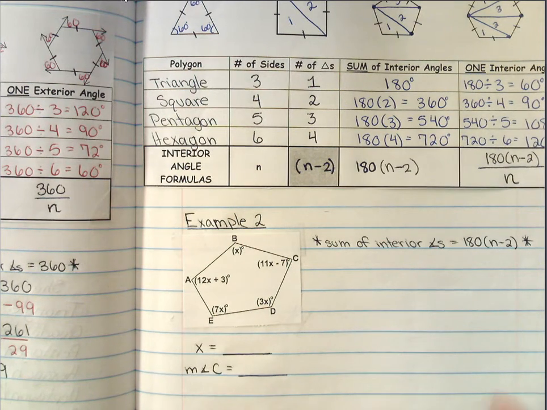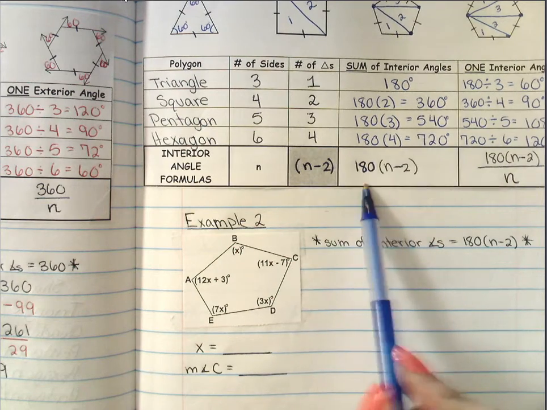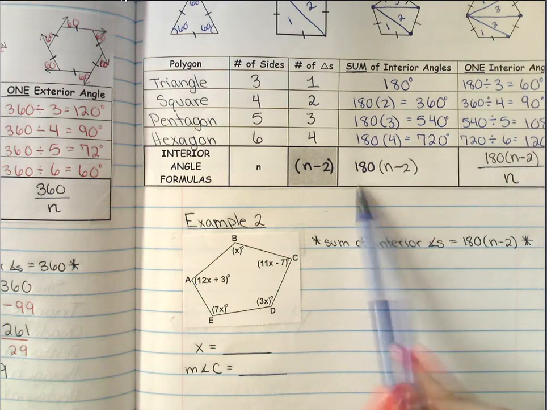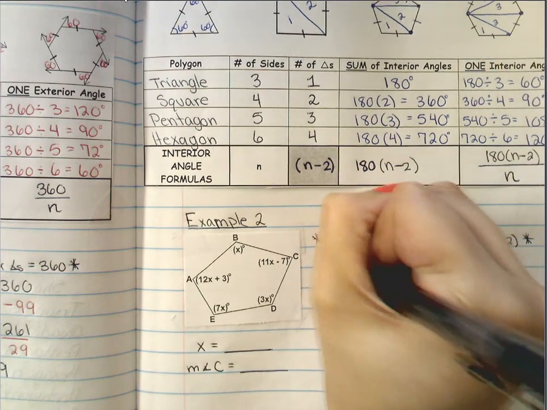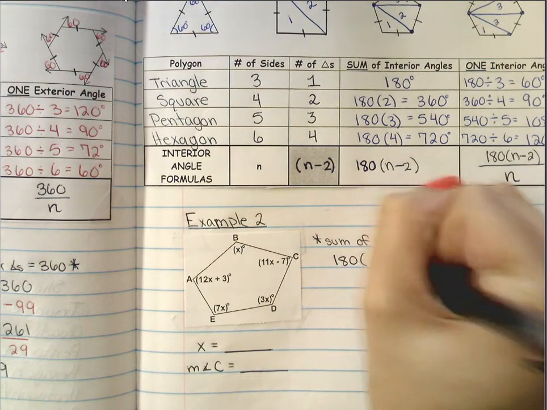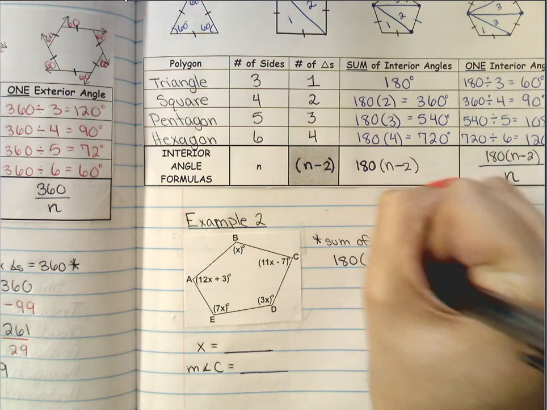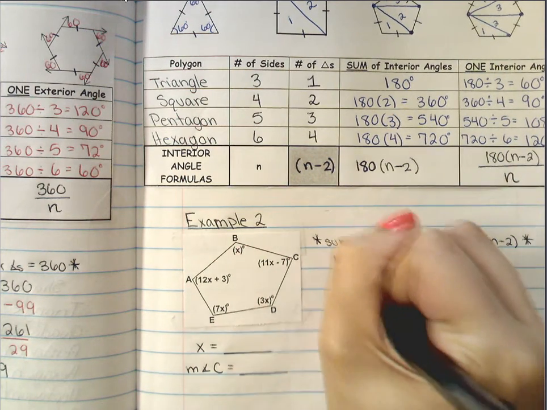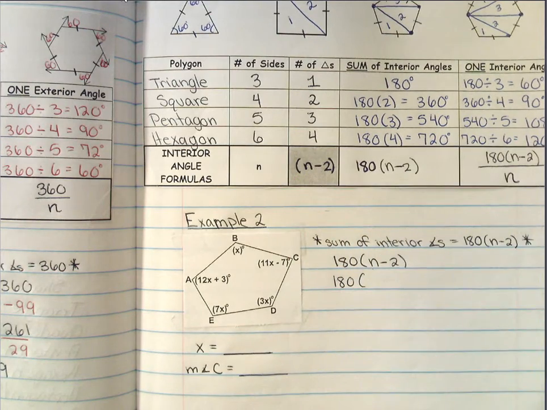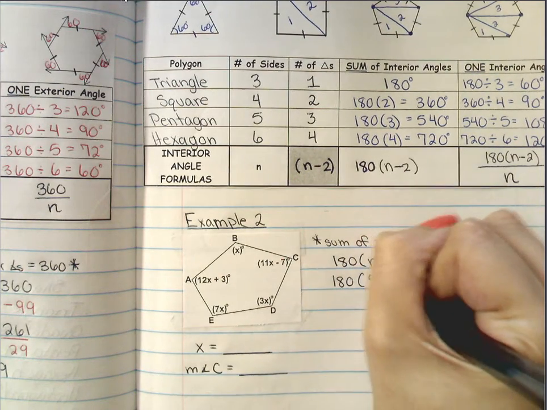So I'm going to use the formula for the sum of interior angles, 180 times n minus 2. I'm going to replace the n with the number of sides. I just counted them. It's 5.